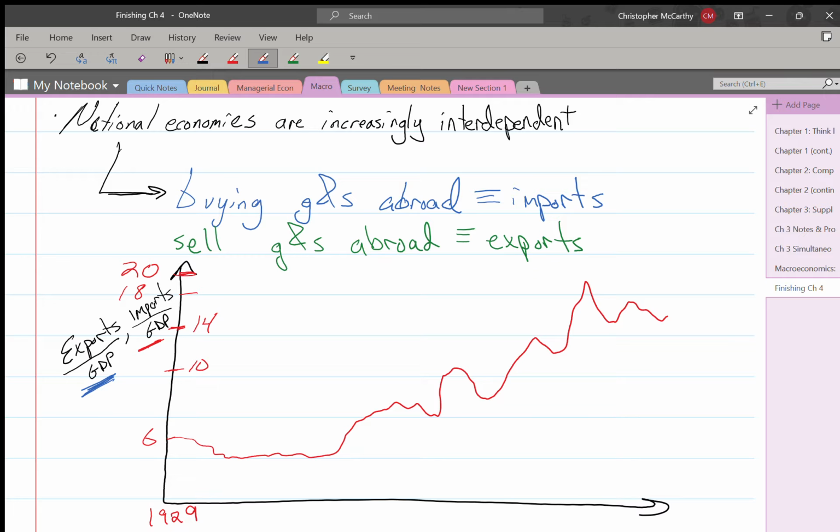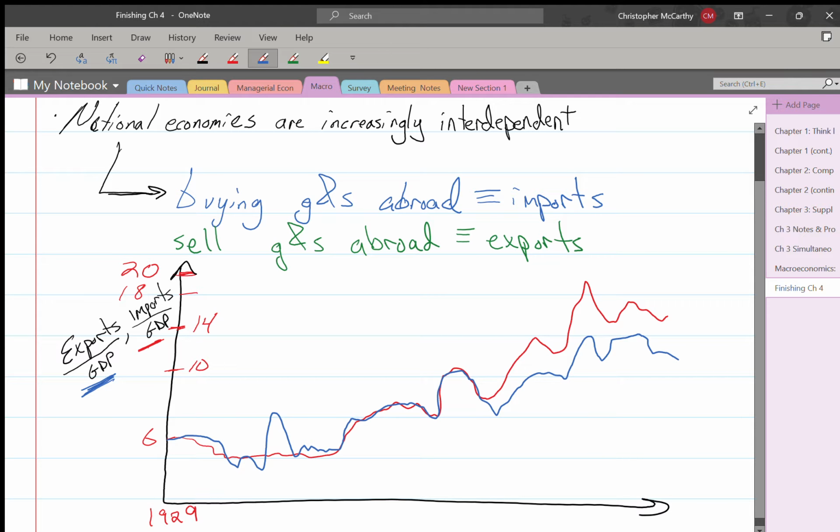Exports have, for the most part, followed with imports, not always. And lately have been really about 2 or 3 percentage points lower than the imports. What are our exports?